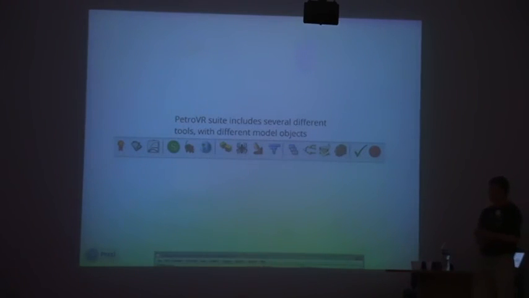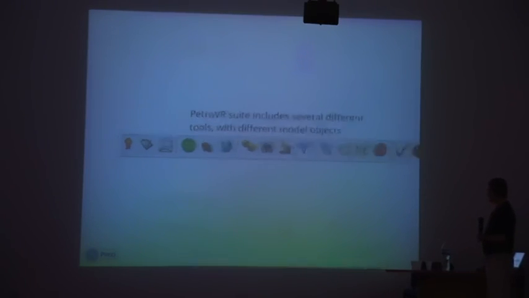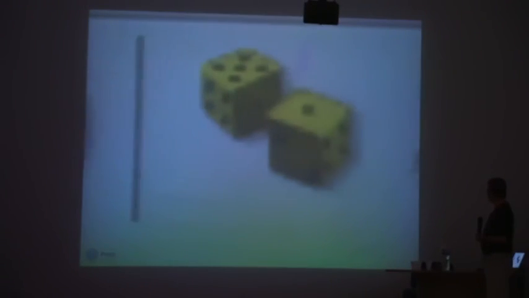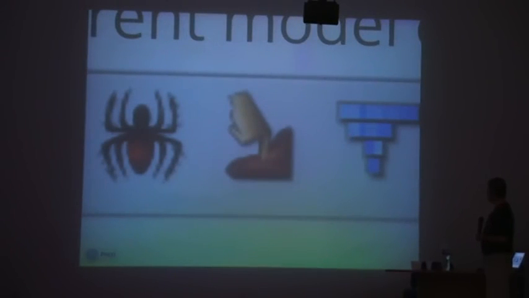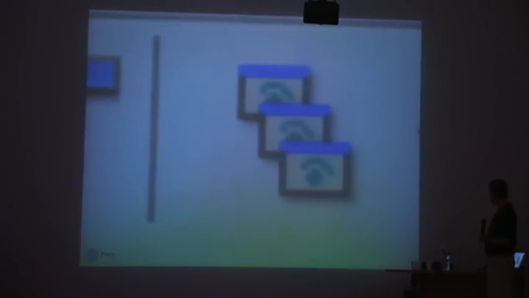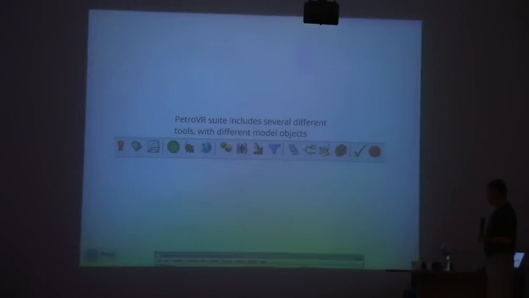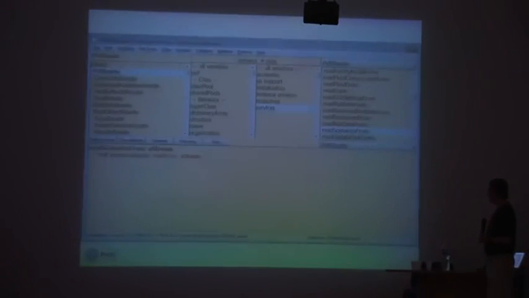Well, the VR suite includes many different tools, and each one of them has a different kind of model objects. We have econ models, global models, multi-carrier tools, some kinds of spider and sensitivity analysis, scenarios, decision trees, contracts, portfolios, each one having a different kind of model.